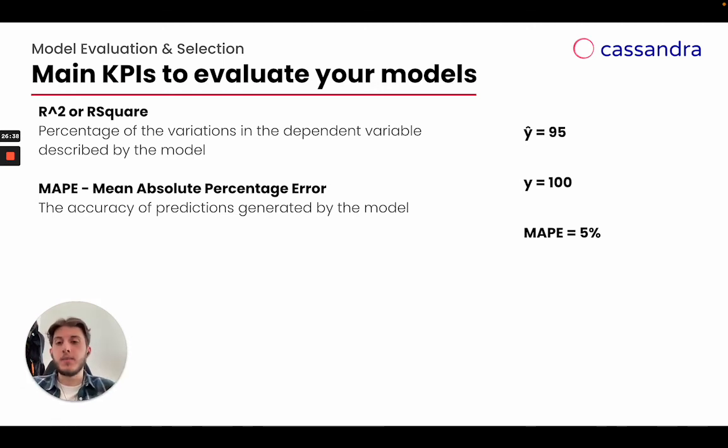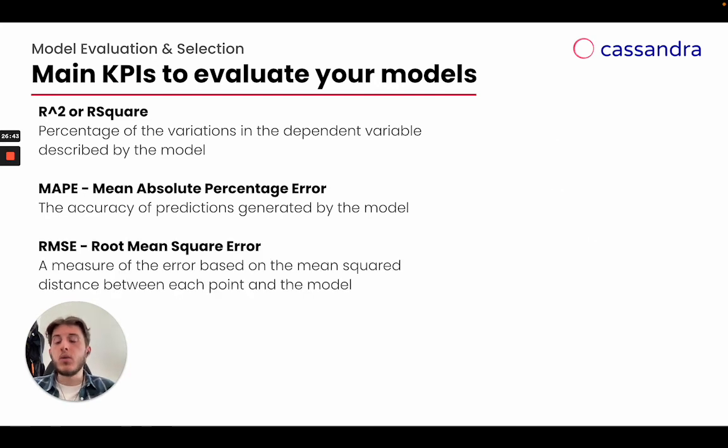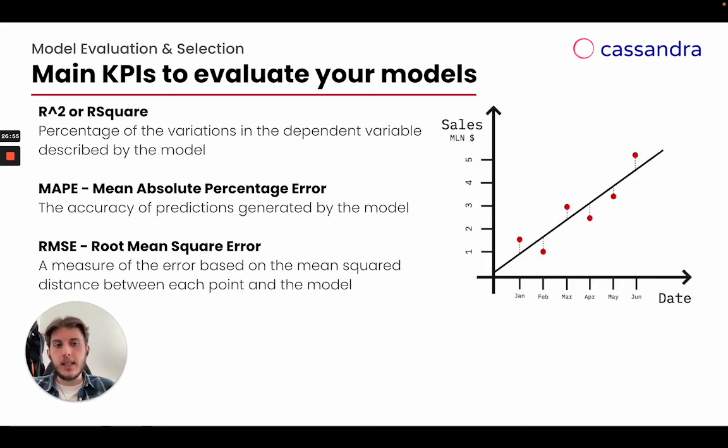Another KPI you may want to look at is called RMSE, or root mean square error, which is a measure of the error based on the mean square distance between each point and the model. I know this is tough to understand, but let's look at this plot, okay? You see the red dots is our data, and the black line here is our regression line.